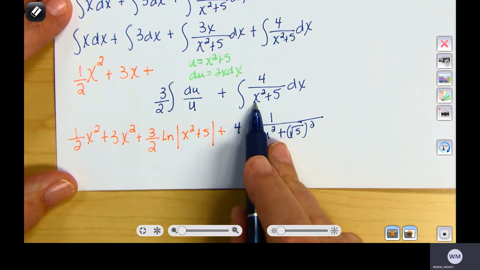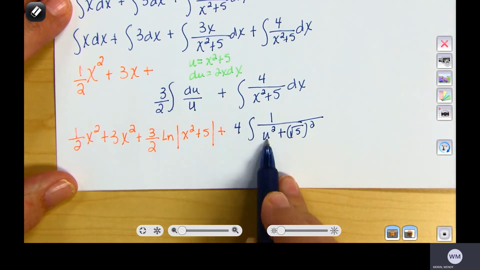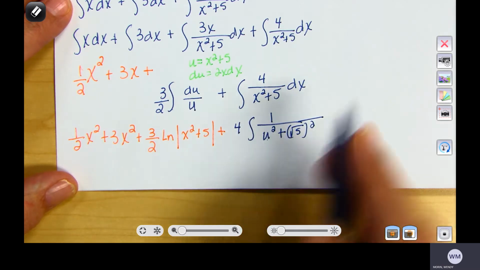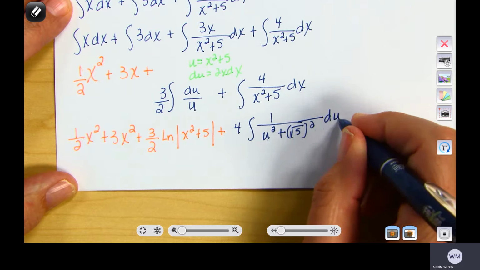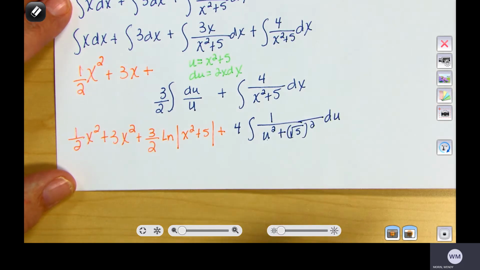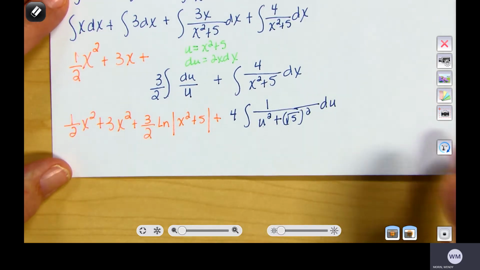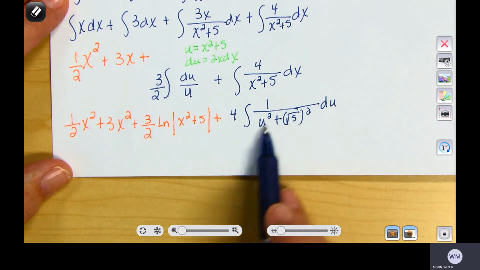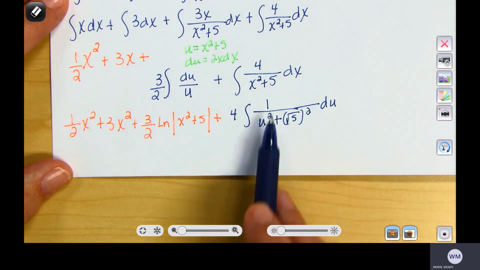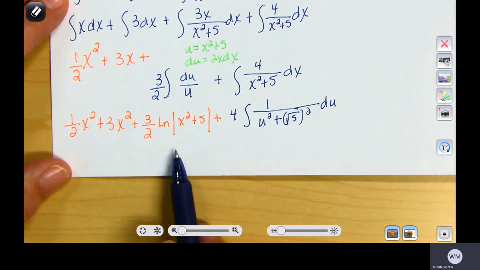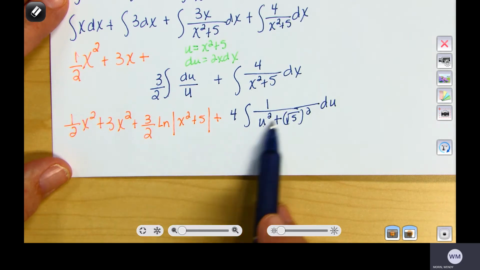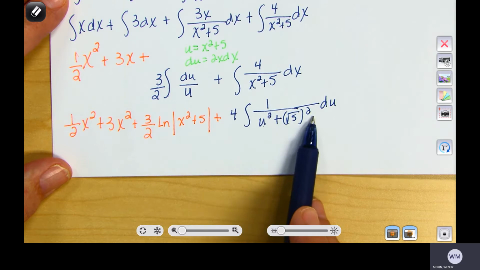And since u is equal to x, then du is equal to dx. So again, I kind of did that in my head. If that was too much for you, you could write it off to the side and do your u substitution. So what is this? U squared plus a squared.